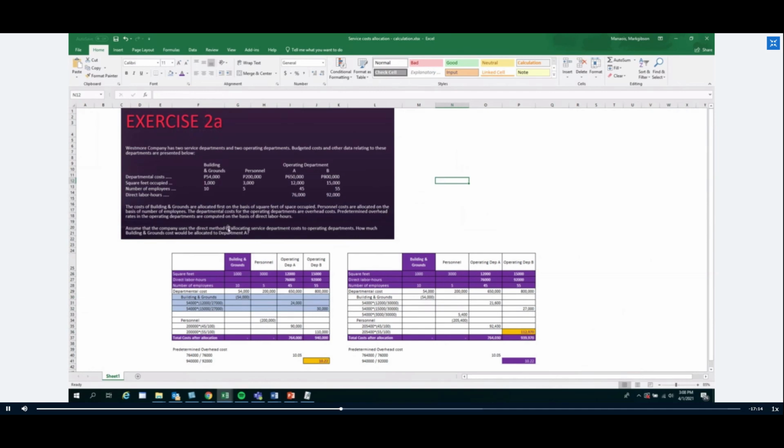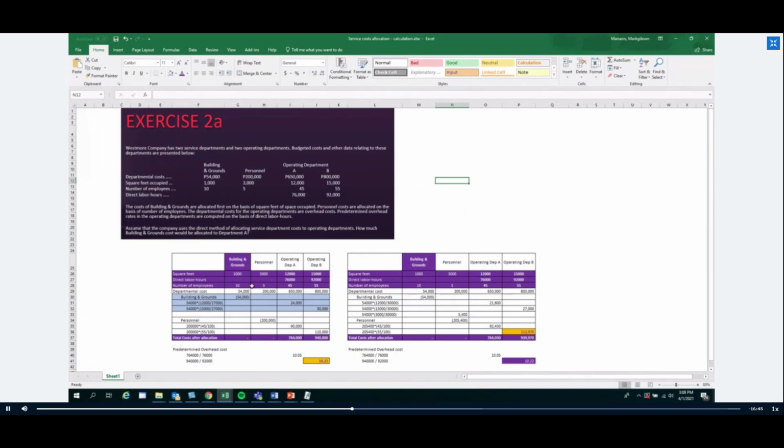Sabi natin kanina, pag direct method, so service department costs are directly allocated to operating department, no? Ang question lang naman sa atin, building and ground costs. Paano ba ina-allocate si building and ground? Sabi dito, the cost of building and grounds are allocated on the basis of square feet of space occupied.